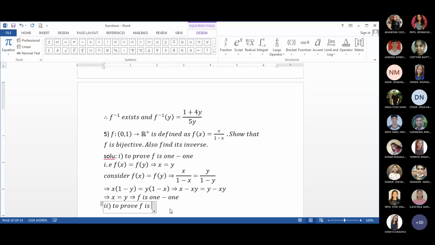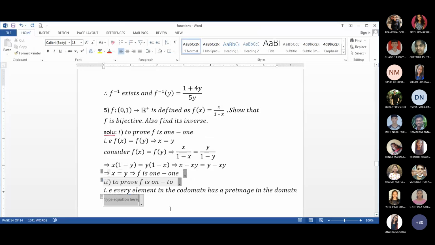So to prove f is onto, that is, every element in the codomain has a pre-image in the domain.